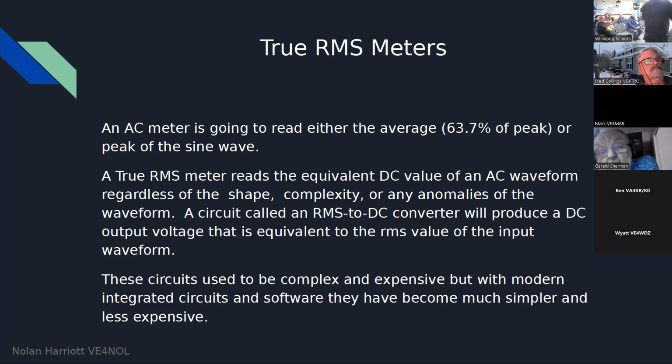True RMS meter is going to read the equivalent DC value of an AC waveform. Where I'll go with RMS, RMS is effective power. So an AC waveform, your DC value, because it's a straight solid output voltage going through your load, you're going to have a power, like your watts, that is continuous, straight.